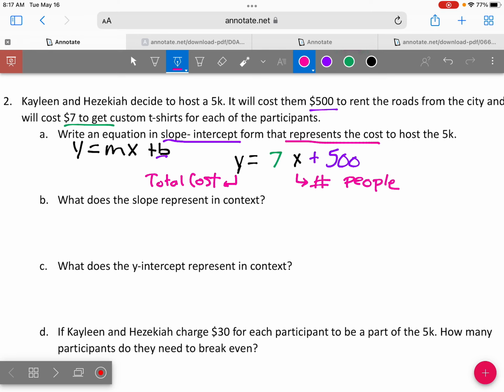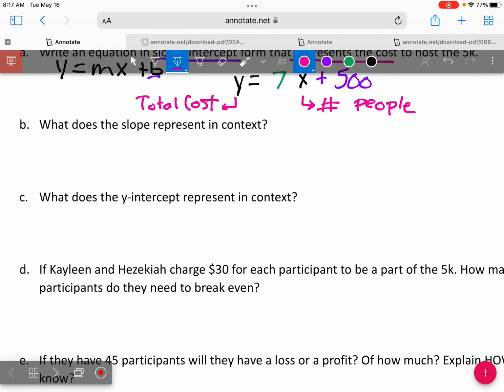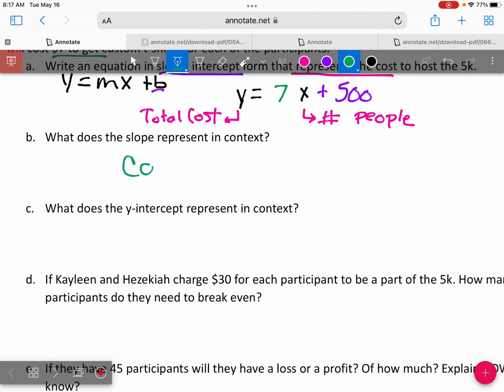We're going to use the words up on the top. What does the 7 represent? What does our slope represent? Cost of each shirt. And what does the y represent? Total cost. What does the y-intercept, the b, represent?